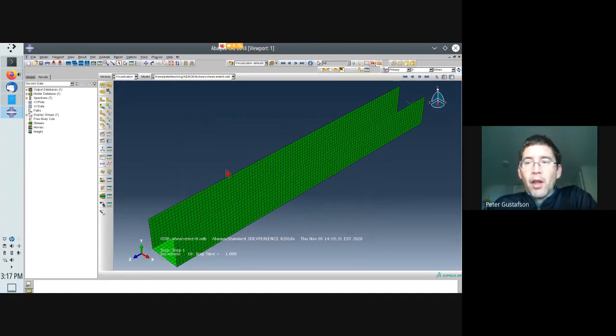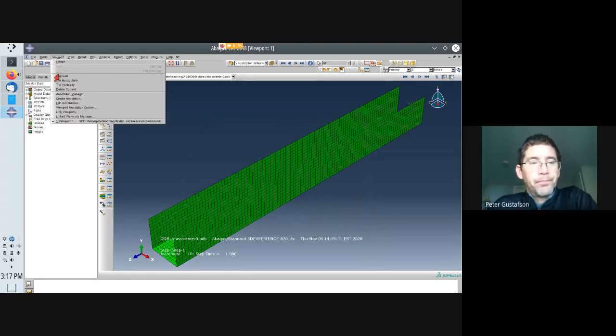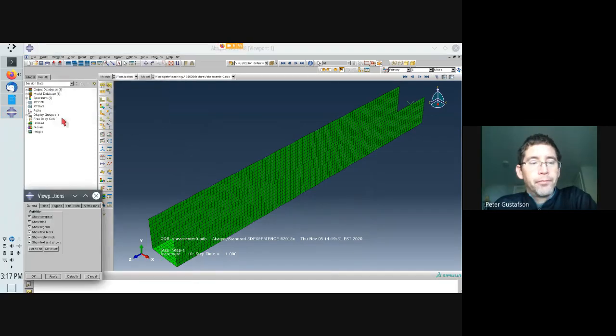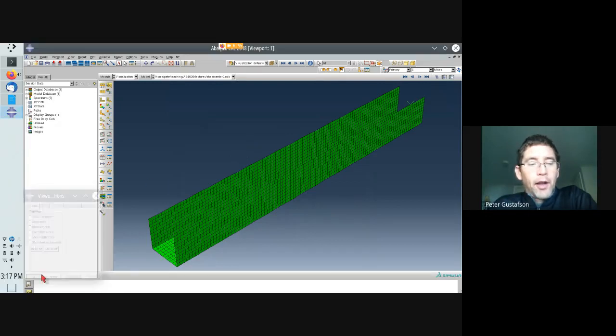Okay, so this is what the cross-section looks like as a general overview. What I defined were shell elements, much like we just defined in our Abaqus demonstration, and the type of elements that you are going to be using in your projects.